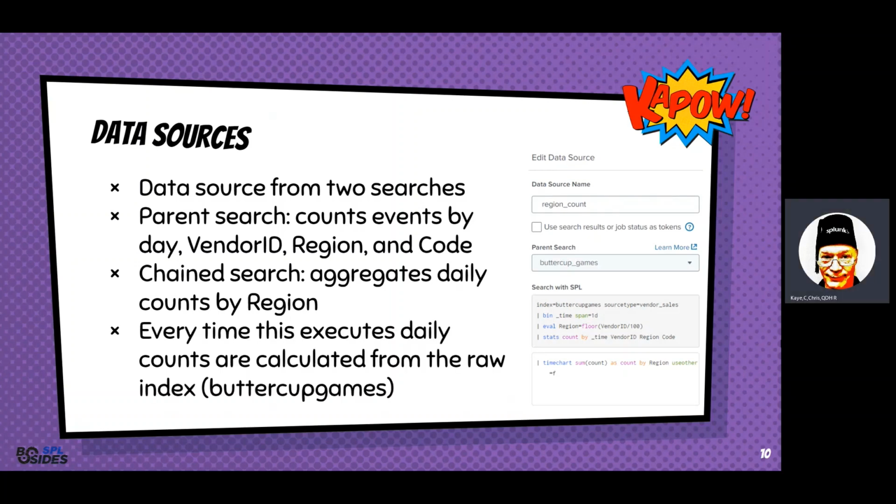The important thing to note here is that every time the dashboard is loaded or refreshed, the raw Buttercup Games index is searched. Depending on the size of the data set, this can be quite time and resource consuming.